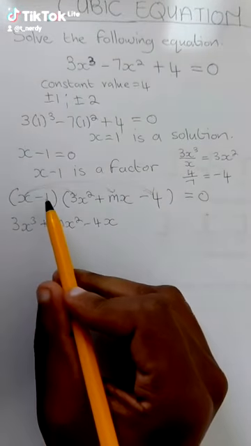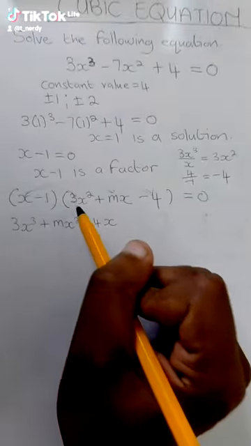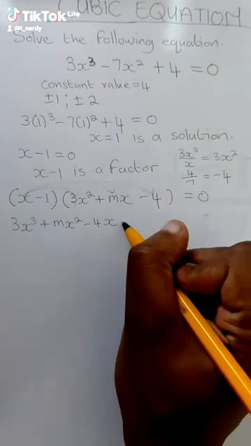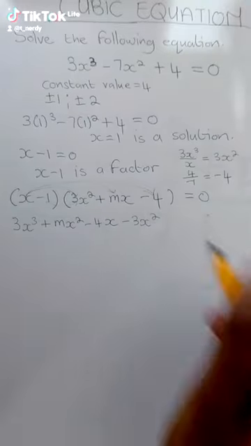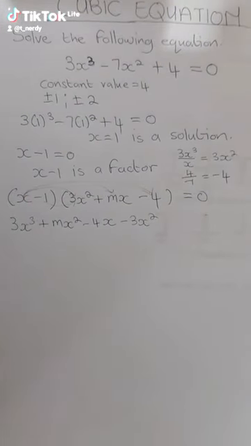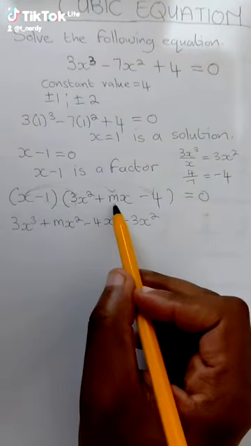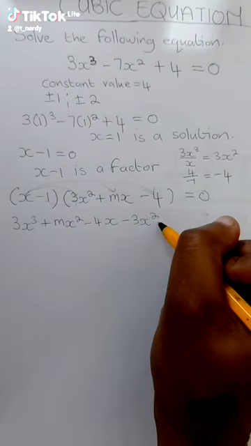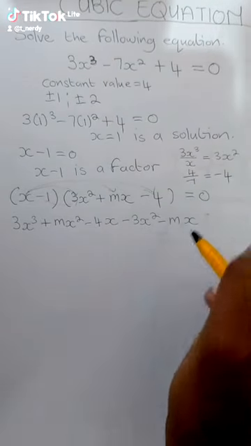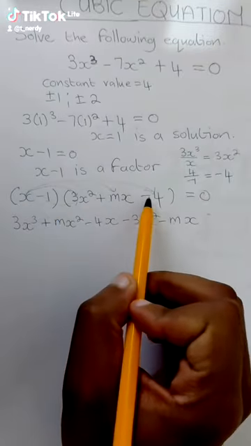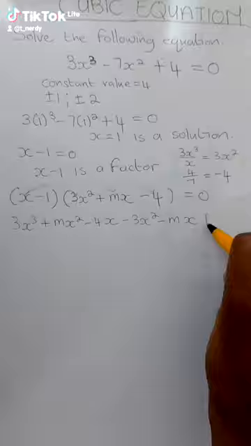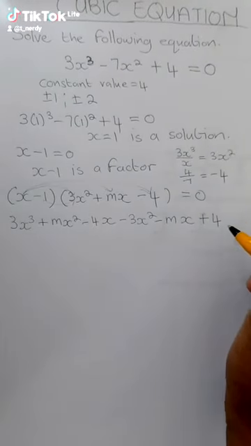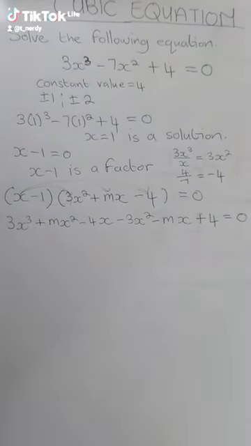And then negative 1 multiplied by 3x squared, that is going to be negative 3x squared. Then negative 1 multiplied by mx, that is going to be minus mx. And then negative 1 multiplied by negative 4, that is going to be plus 4. And all of that is going to be equal to 0.